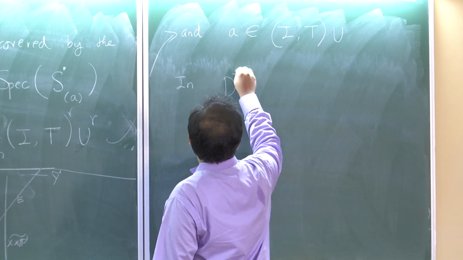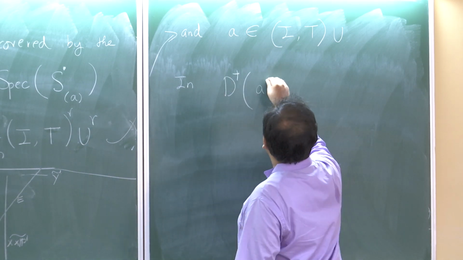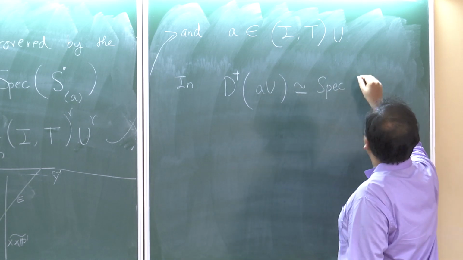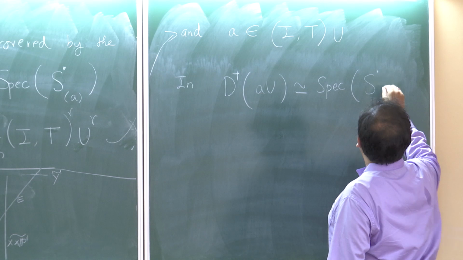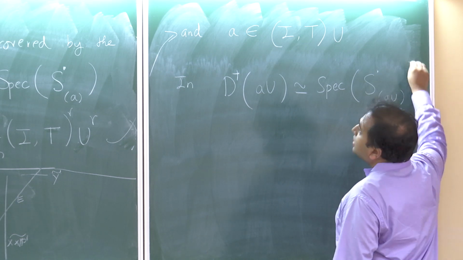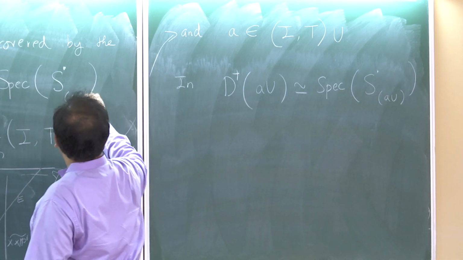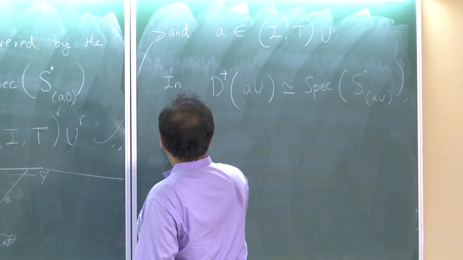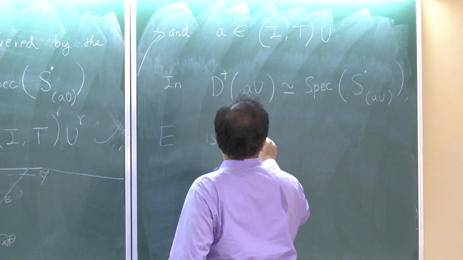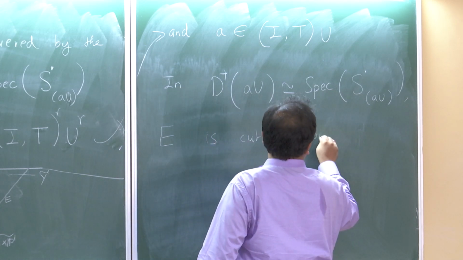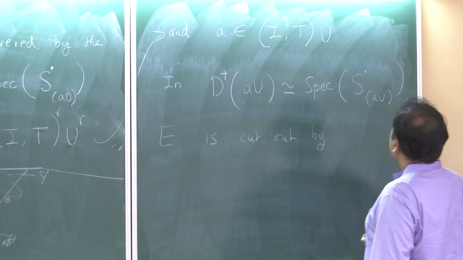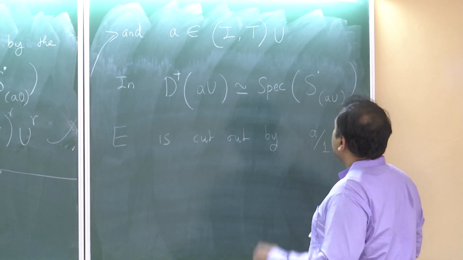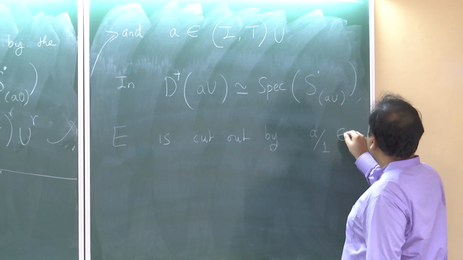In D plus of a u, which is isomorphic to spec of S dot a u, I should have written a u here. E is cut out by a over 1, which is sitting inside S0.